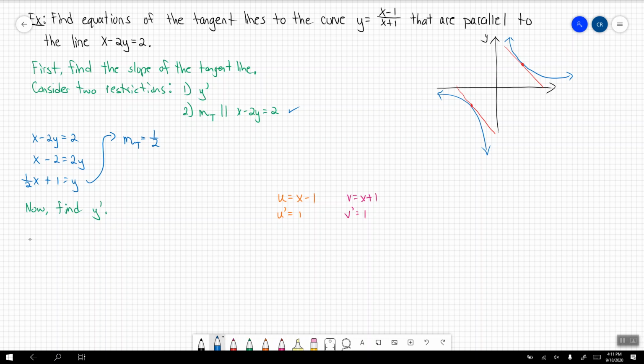Making my substitutions into my derivative, y prime. Derivative of the numerator, that's going to be 1, times the function at the bottom, x plus 1, minus the derivative of the bottom, which is still 1, times the function up top, which is x minus 1.